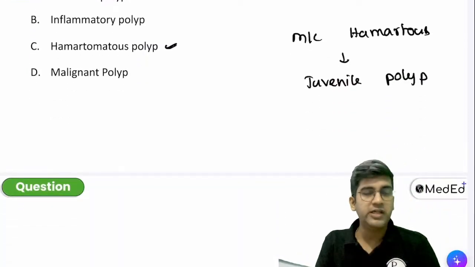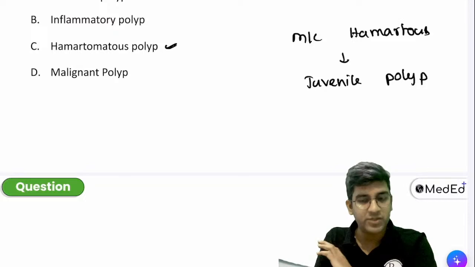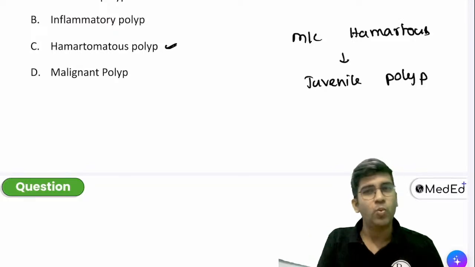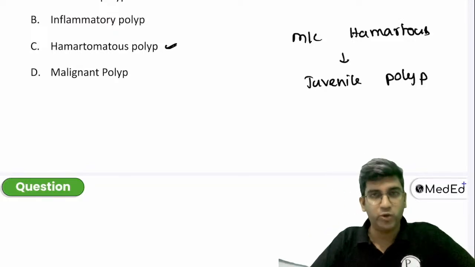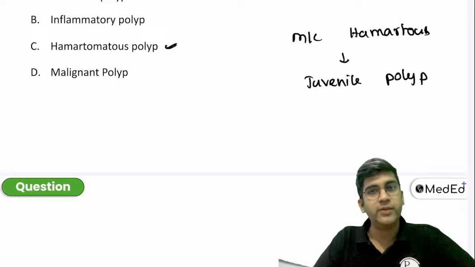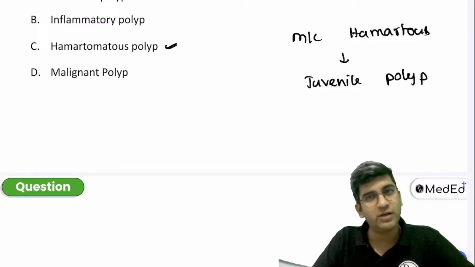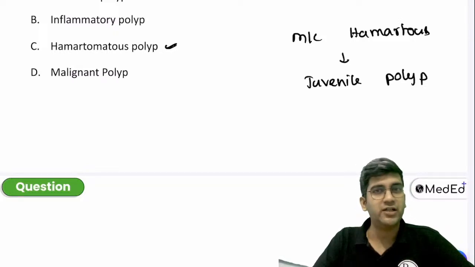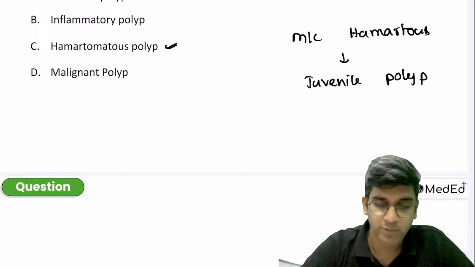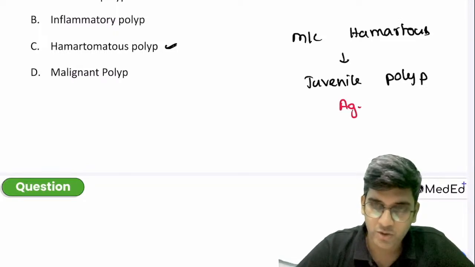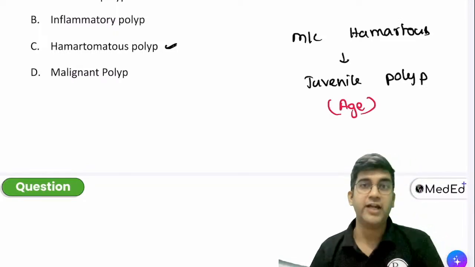Once there was a question in the NEET PG exam about juvenile polyp. What will be the most important clue for juvenile polyp? Can anyone tell me that? Because we have SL, juvenile, villous adenoma, multiple polyps in the GIT. The most important clue in juvenile polyp is, don't think too much, age.